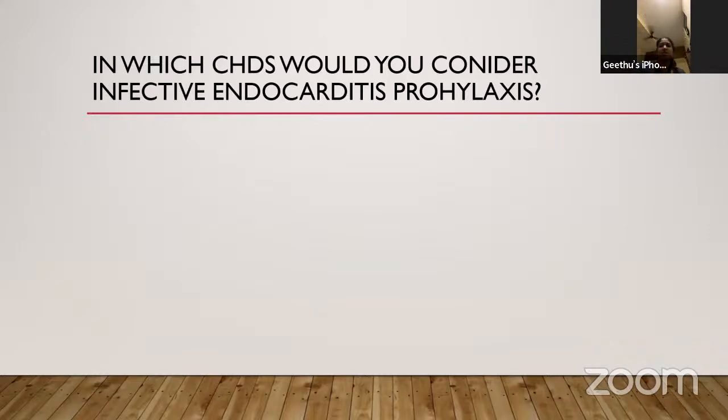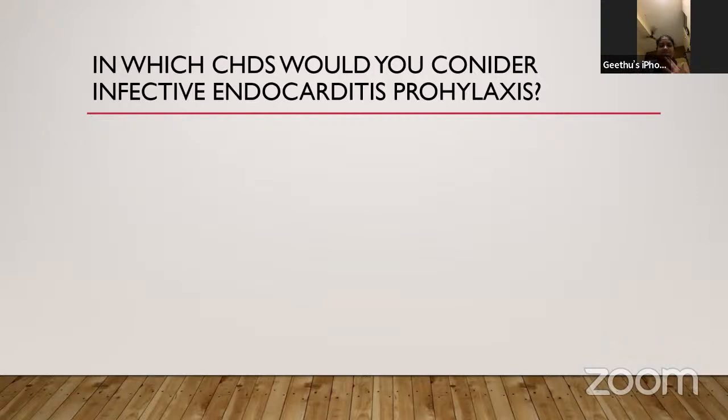Actually, in TOF, all the cyanotic heart diseases. And if the patient has a past history of proven infective endocarditis, we can give prophylaxis, or untreated shunts, previous history of untreated cyanotic heart disease. And for all dental procedures we will give infective endocarditis prophylaxis.